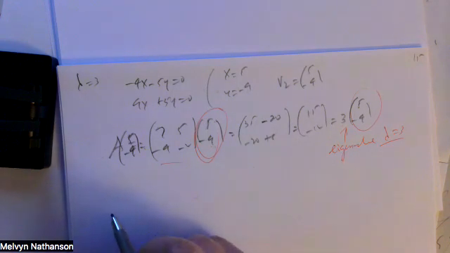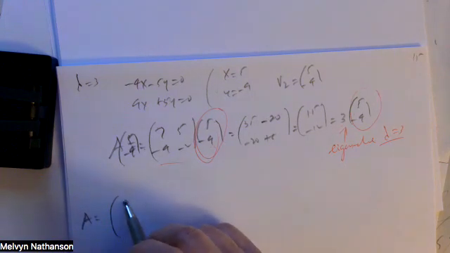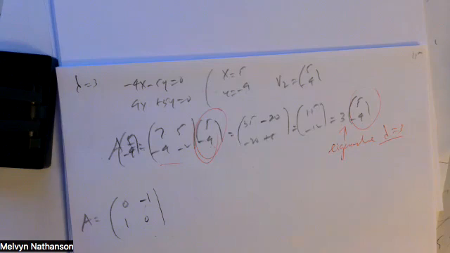Let me do 2 more examples. Suppose I take the matrix A to be 0, minus 1, 1, 0. So that's a relatively simple matrix.